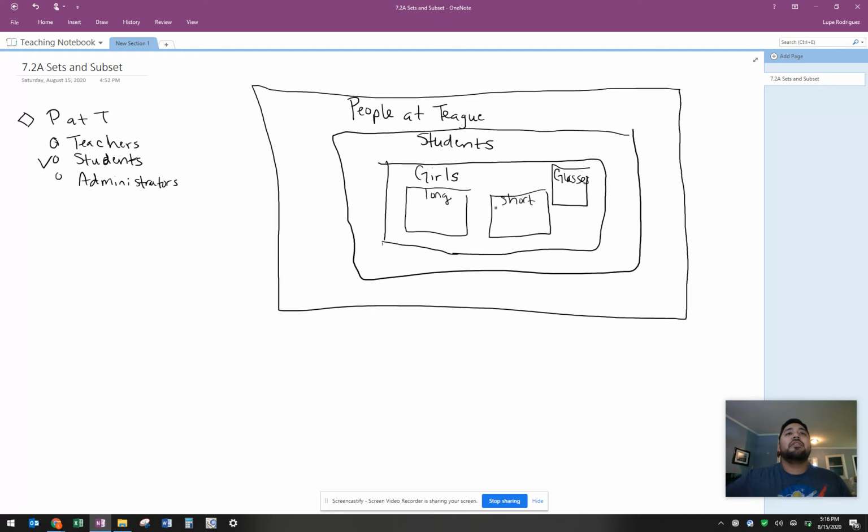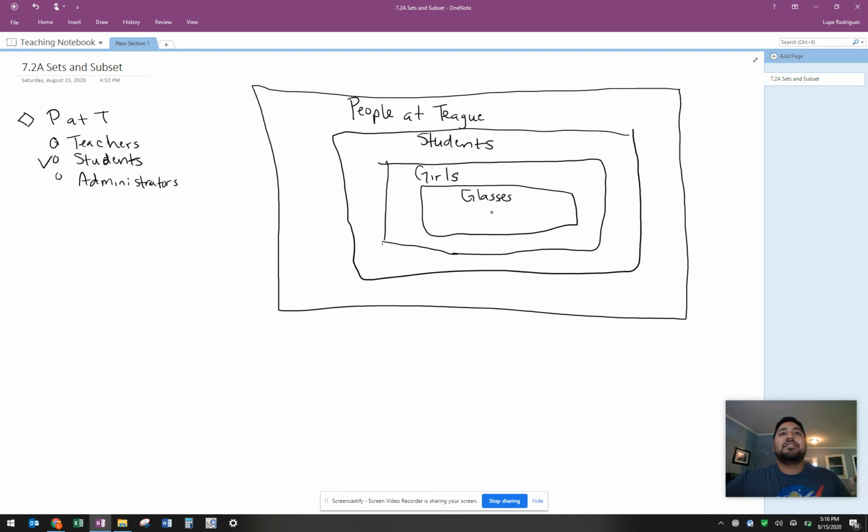But for these types of examples, especially when we're talking about it in a number sense, I only like to deal with one subcategory. So I'm just going to work on the girls with glasses.